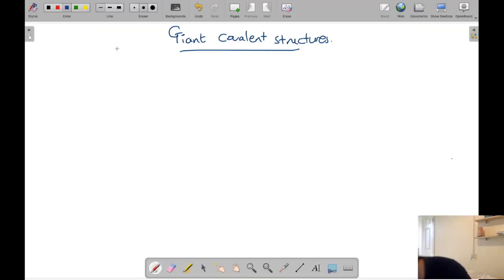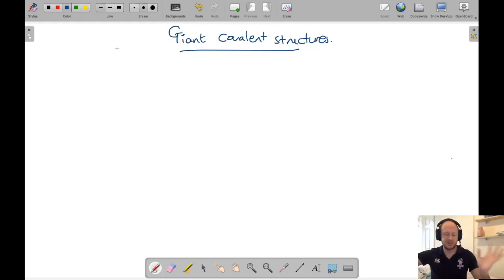This is still covalent bonding, so it's exactly the same kind of bonding that we had in our last video with those chlorine molecules. But these don't form molecules of just a handful of atoms. These are huge, gigantic structures of thousands upon thousands of atoms.